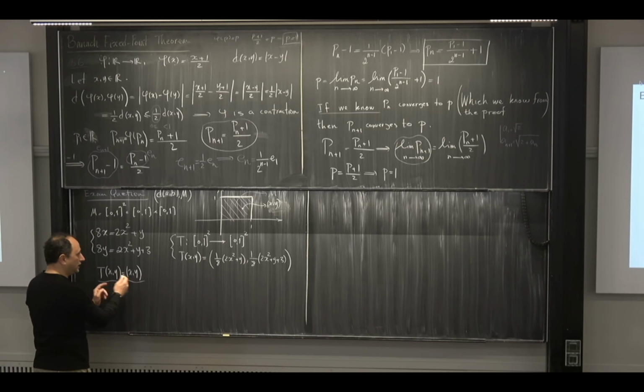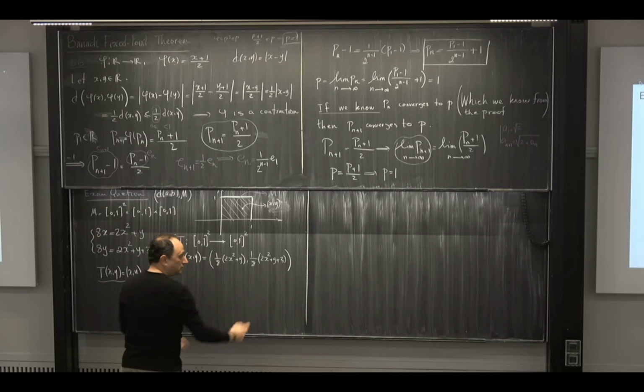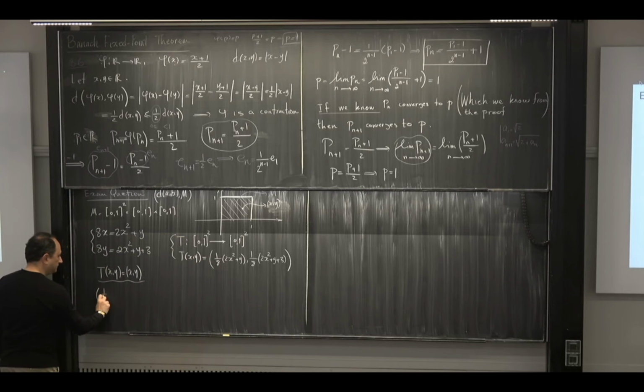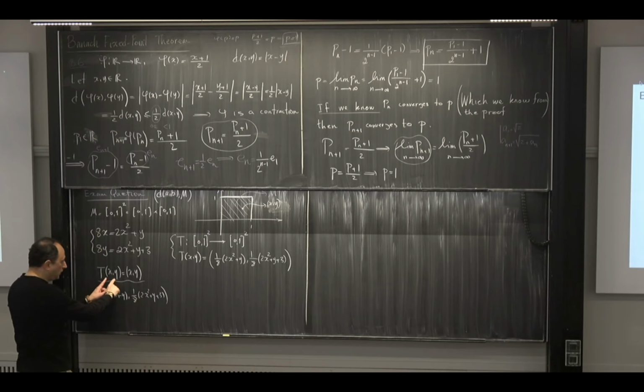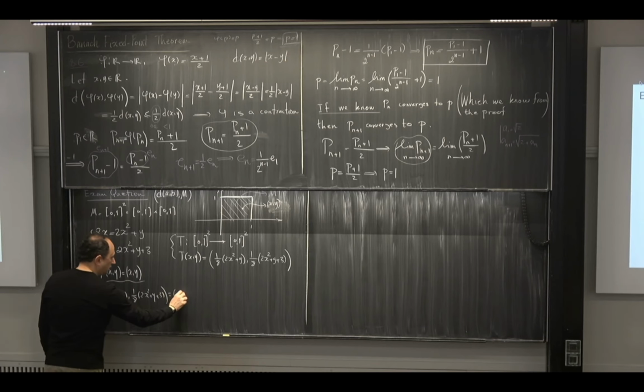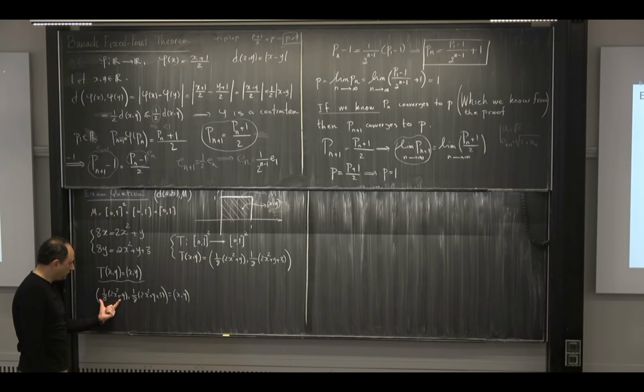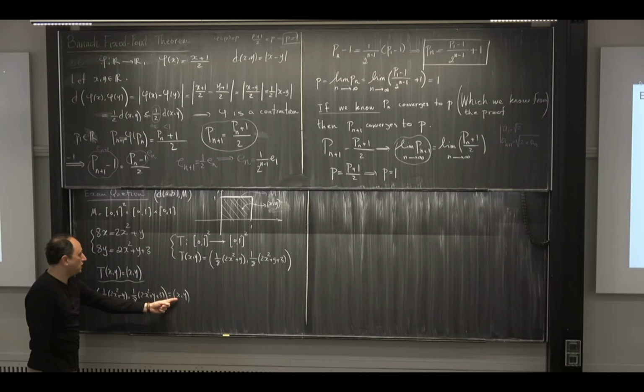T(x, y) is this expression. So if you write that and equate it with (x, y), what do you get? The first one is equal to x, which when you multiply by 8 gives you the first equation.